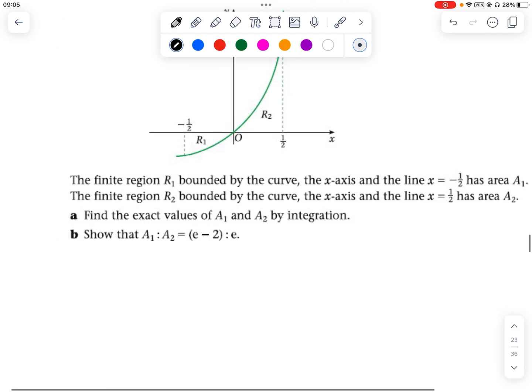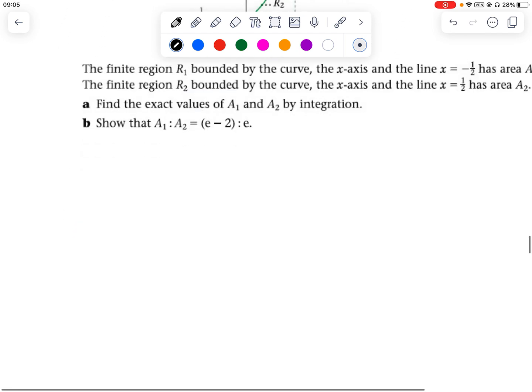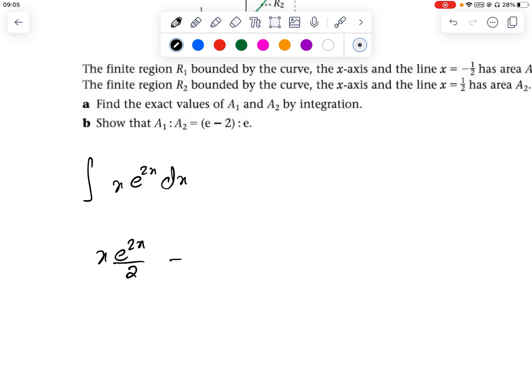So I am going to first of all find the integral of x e to the power of 2x without the limits. First function, integral of second function, minus integral of derivative of first function, integral of second function.